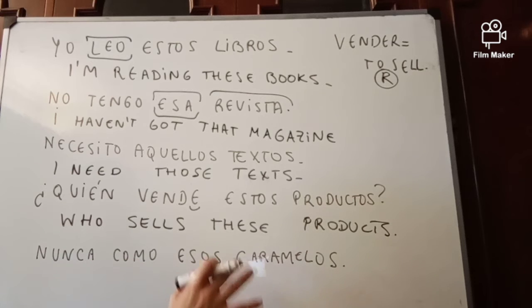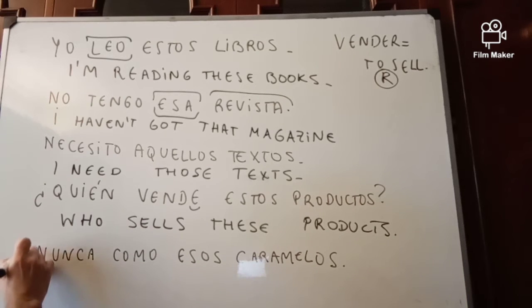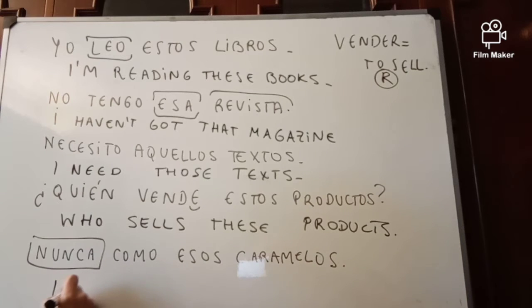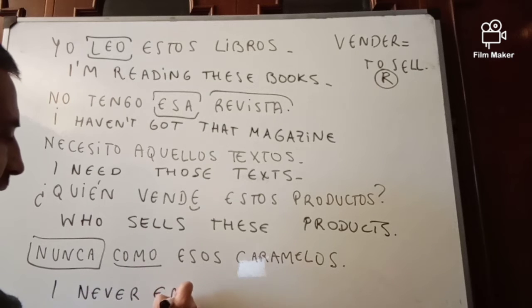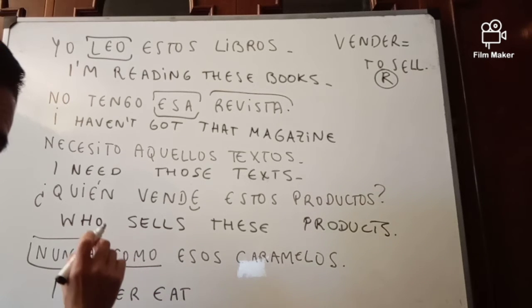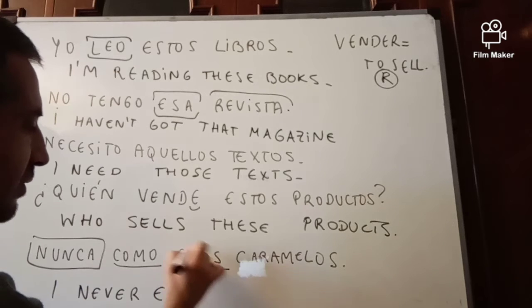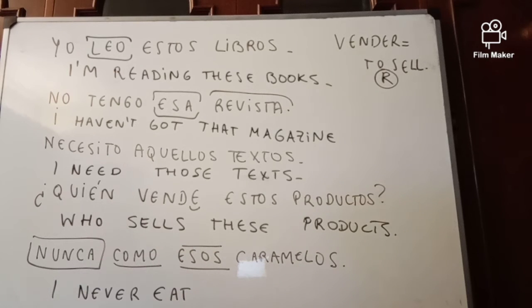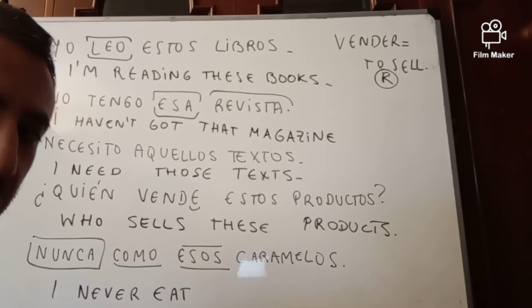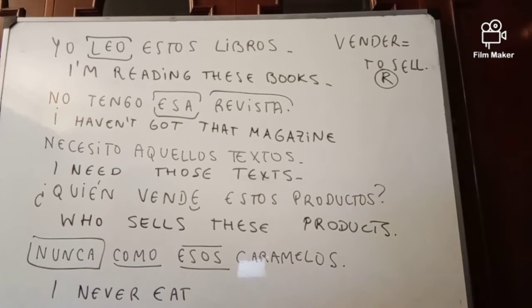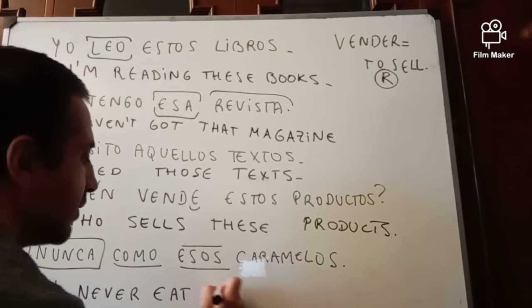Nunca como esos caramelos. This is a habit. So in the simple present, I never como, I never eat. The verb comer, do you remember it? I never eat. And remember, eso, ese, esos, esas, is closer to your that and those. I never eat those.